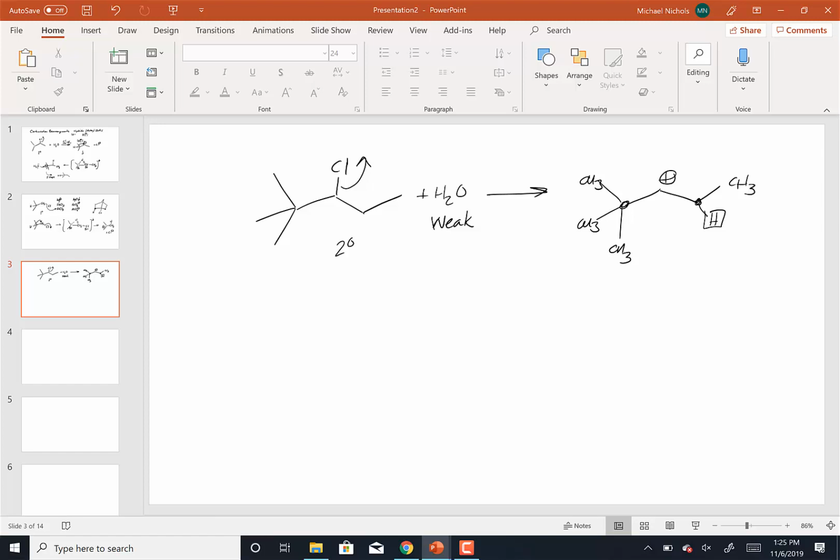If I shift this methyl group over, I'm going to go secondary to primary. Definitely not going to do that. But what if I take one of these methyl groups and I shift it over where the CH3 takes a pair of electrons with it? The transition state is going to look like the other one, except now I've got a CH3.